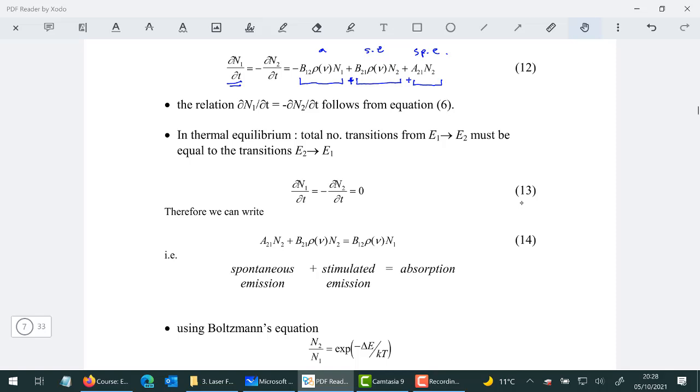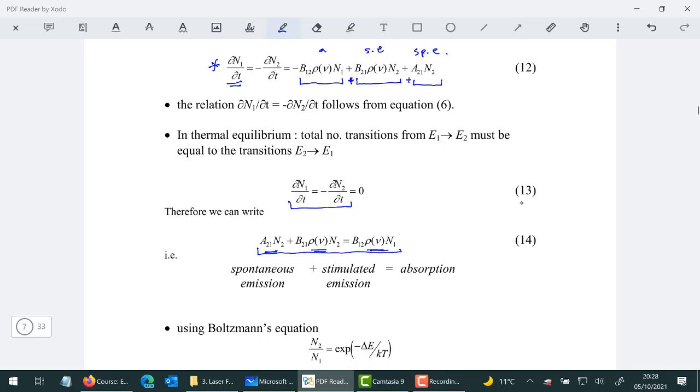In thermal equilibrium, so if we turn the laser on and we let everything settle down, then in thermal equilibrium, the total number of atoms going up and the total number of atoms coming down will be zero. In other words, we have a steady state, so the left hand side here will be zero, and we can then establish a relationship between the spontaneous emission, stimulated emission, and the absorption.